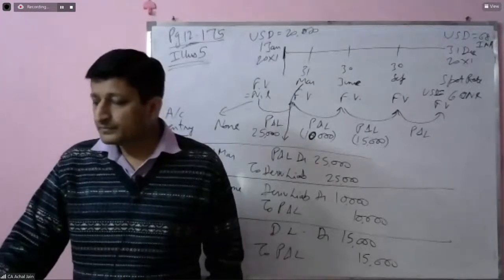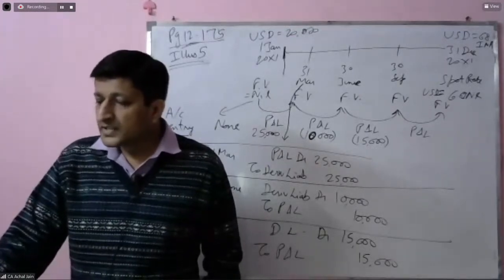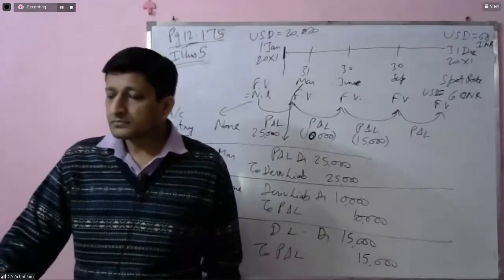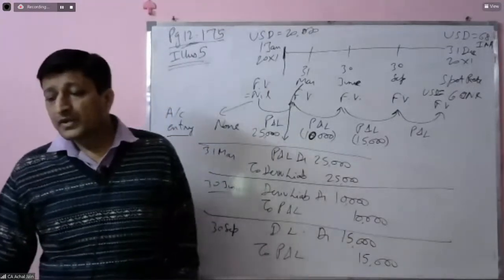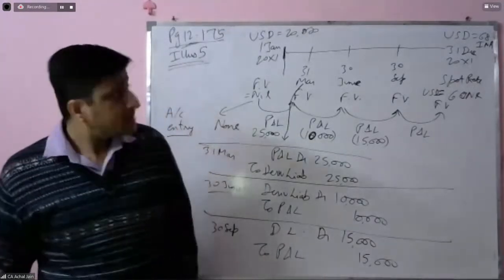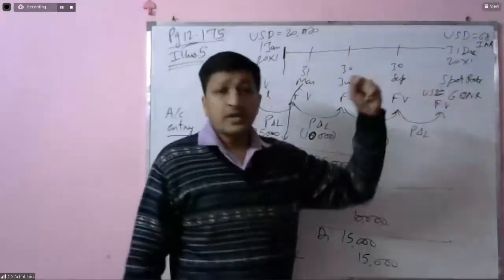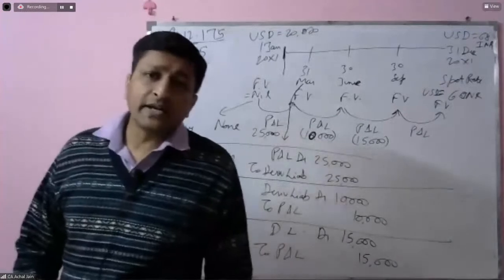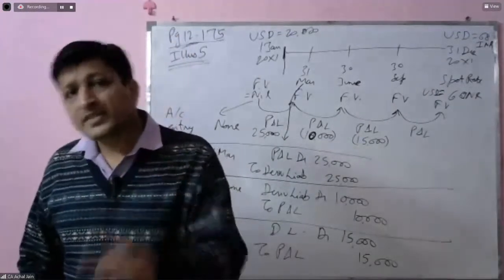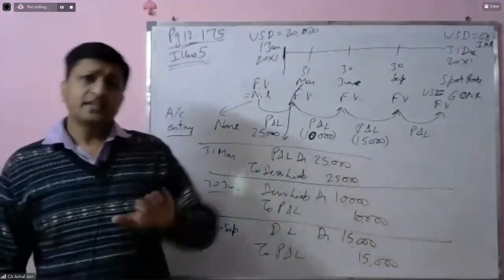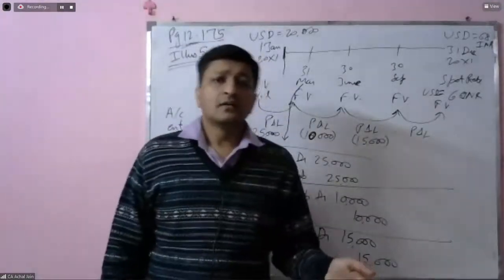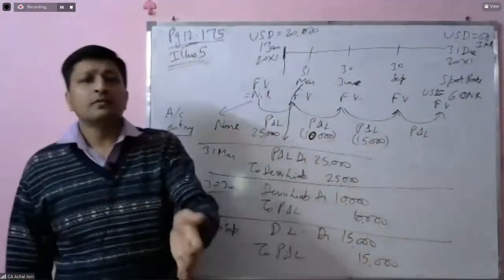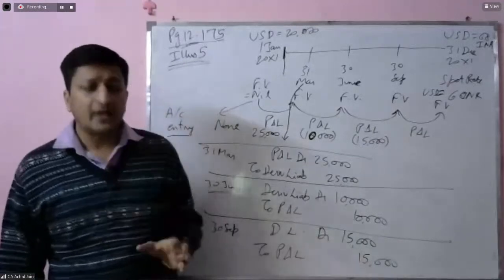15,000, correct? And then settlement date has come, 31st of December. So what do we do? On the settlement date, this contract will be settled. Either this will be expired without settlement, or this will be exercised by the party.